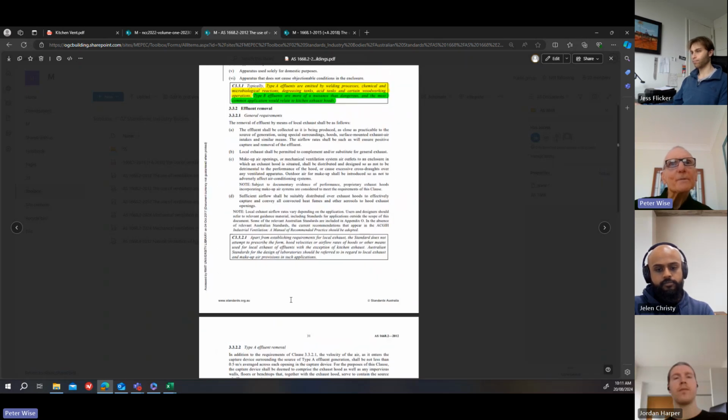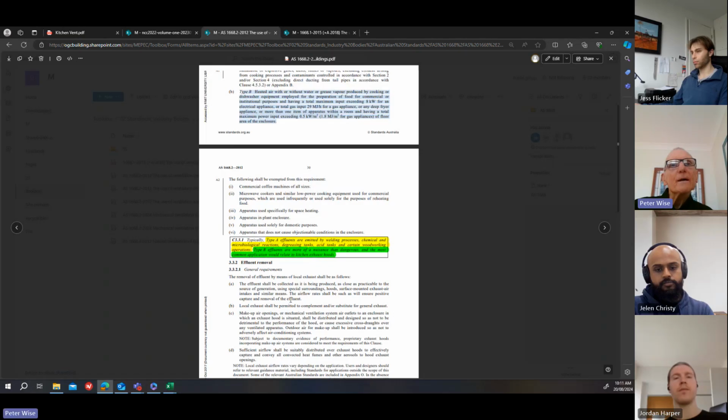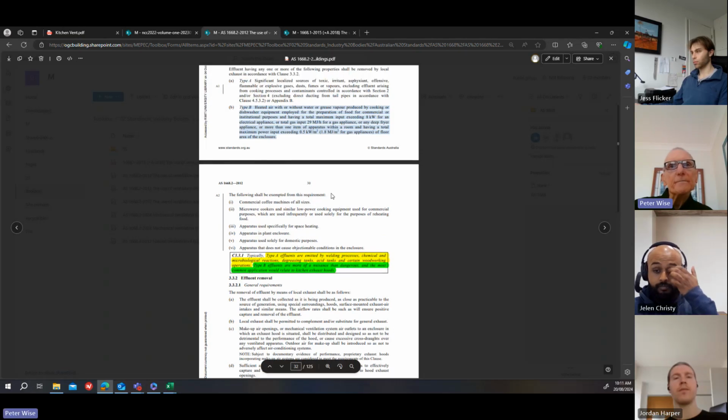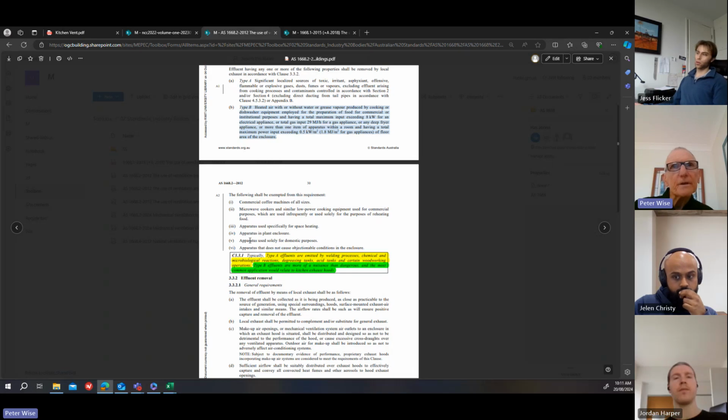All right, look, we'll come to that later. Sorry, the following, here we go. The following shall be exempted from this requirement. And so there's a few things there that don't have to have a kitchen hood, basically, is what we're talking about. If it comes under this clause, then you need to have an exhaust hood over the cooking equipment.